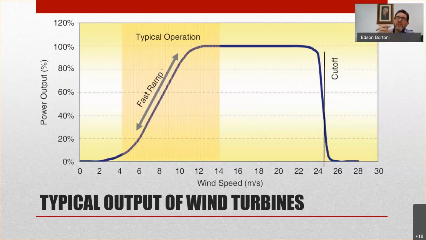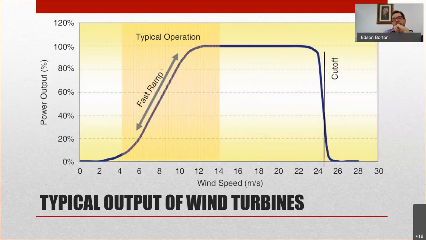This limitation is achieved by reducing the efficiency of the turbine. When you reduce the efficiency of the turbine, you can control the power generated even with the highest wind speed. We change the efficiency of the turbine by moving the blades, so reducing its efficiency.